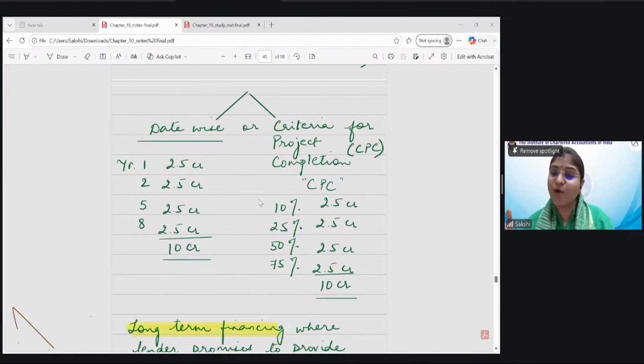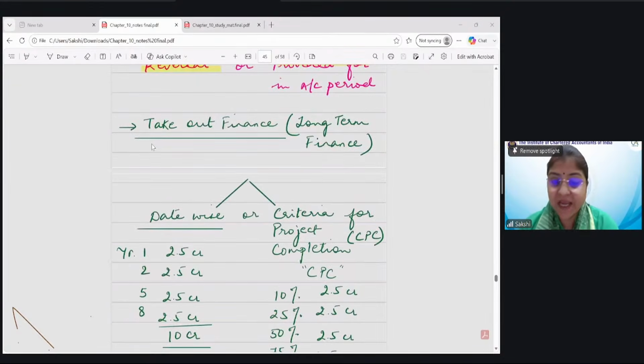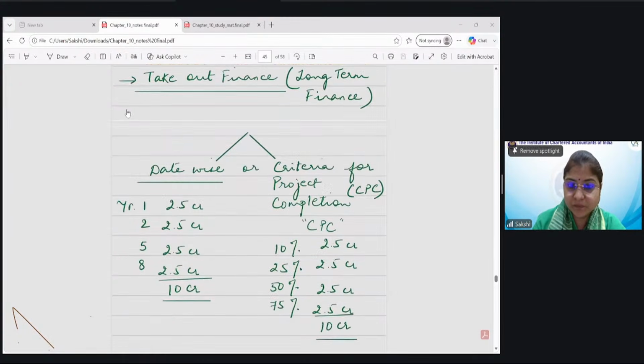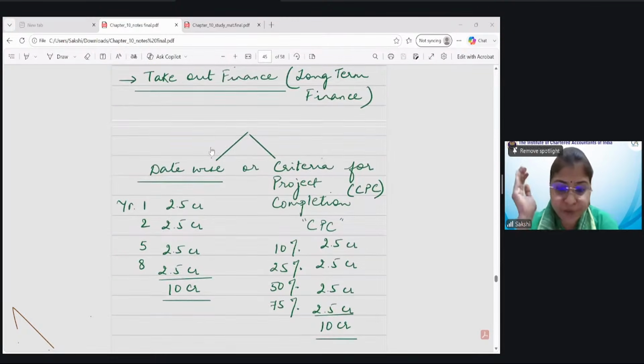So here also you wanted 10 CR, but it is based on the percentage completion of the project that you do in your AS 7 construction contracts. Are you able to relate, dear students? Did you understand this concept of takeout finance, date-wise and CPC-wise? All of you?